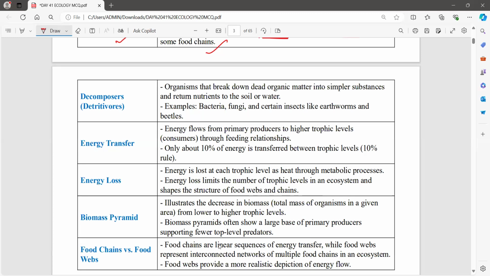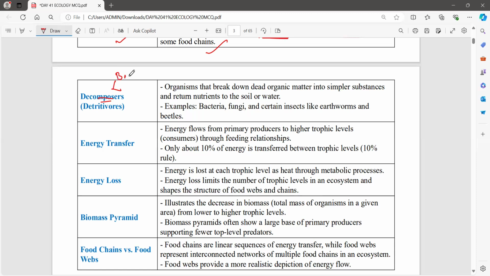What is the difference between decomposers and detritivores? Any idea about that? No idea, right?